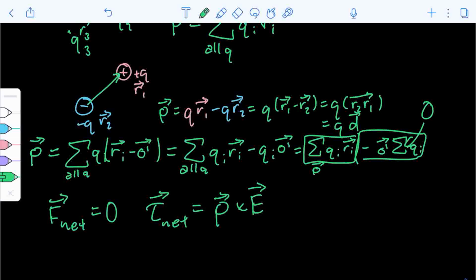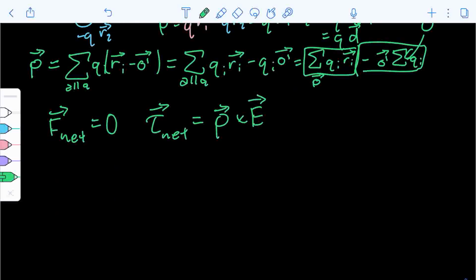If it's not constant, this does not hold. And we can prove this relatively quickly, so I'm going to just go through that. So we're going to just do it for the net torque. You can work through the net force one yourself if you want.